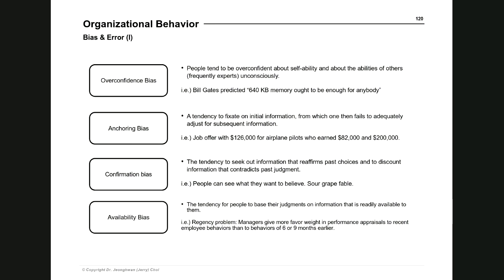So I just introduced 8 different biases we may have. However, we have a lot of biases that I didn't mention. It's okay, because we are human beings. We are not free from this kind of bias. It's okay.